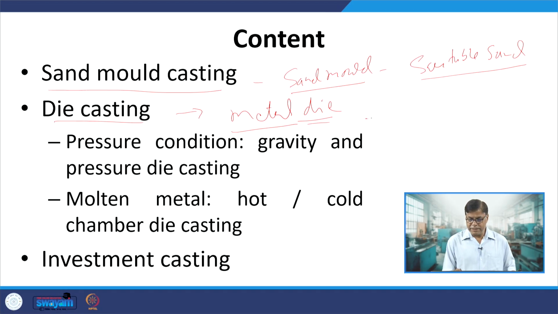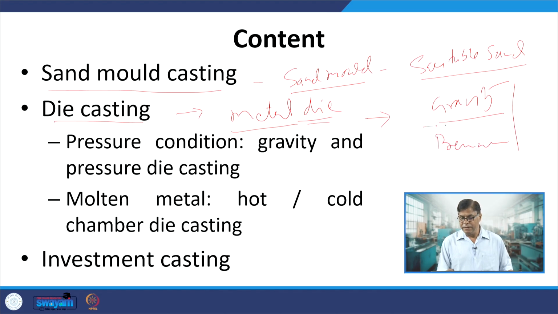This die casting can be performed under two conditions, where the molten metal is fed under gravity, or under externally applied pressure. Accordingly, it is termed gravity die casting or pressure die casting.